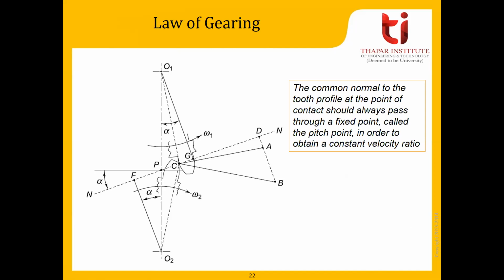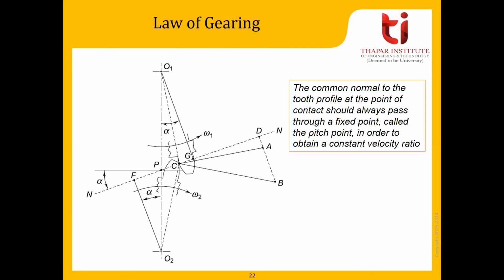So this law of gearing, or you can say this condition, is fulfilled by teeth of involute form, provided that the root circles from which the profiles are generated are tangential to the common normal.